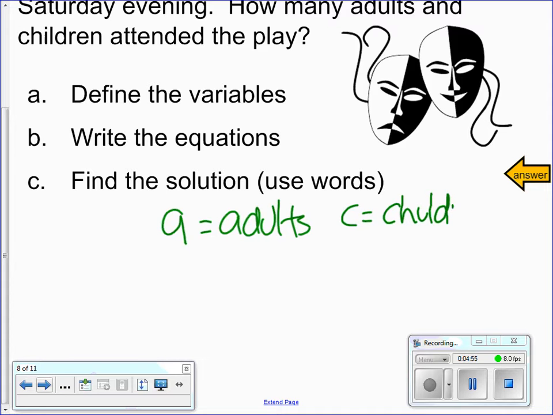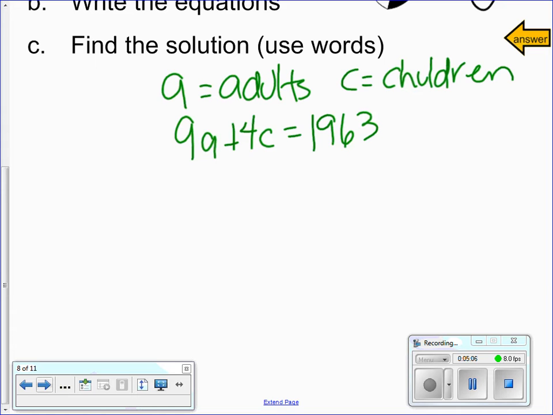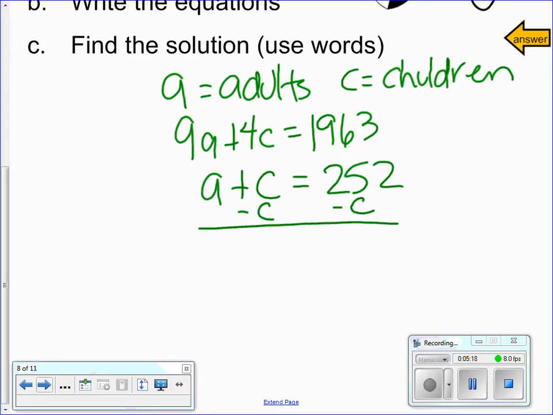So I know that 9 adults and 4 children cost $1,963. And I know that the tickets total sold were 252. So I need to change one of these to the variable by itself. So I'm going to subtract C from both sides on this one.